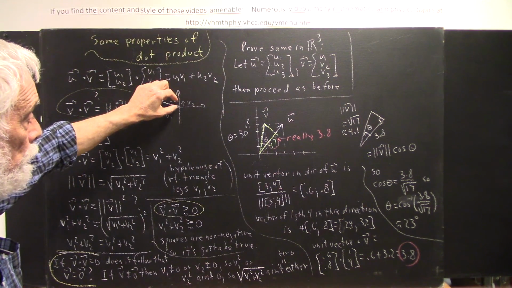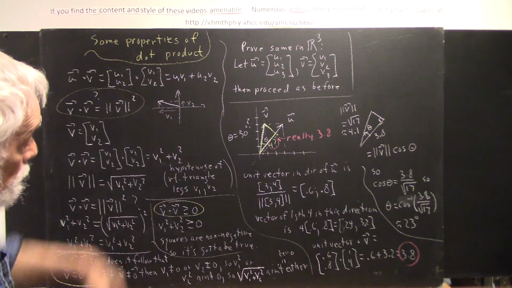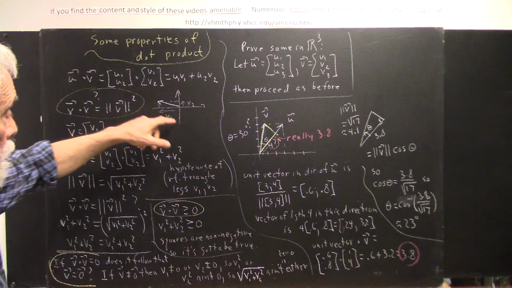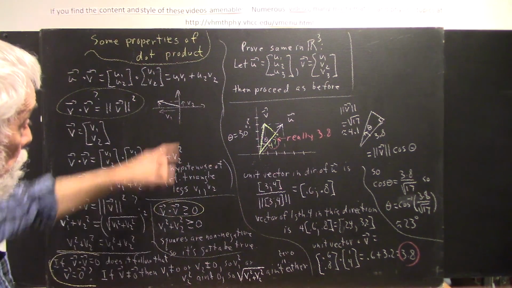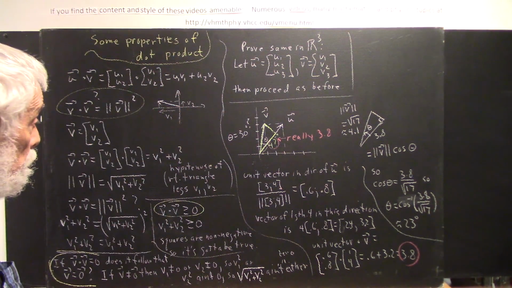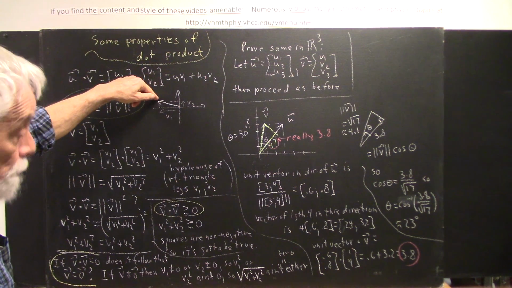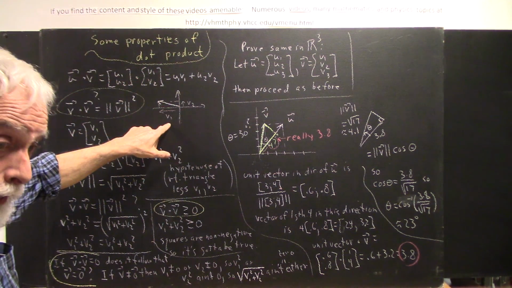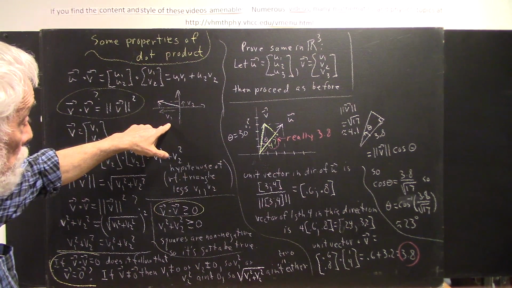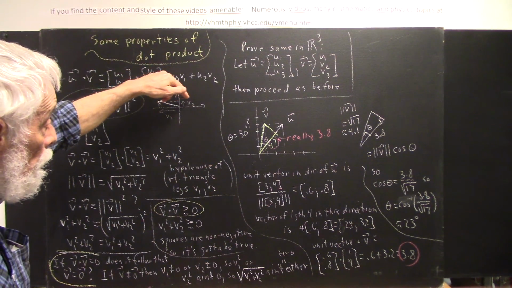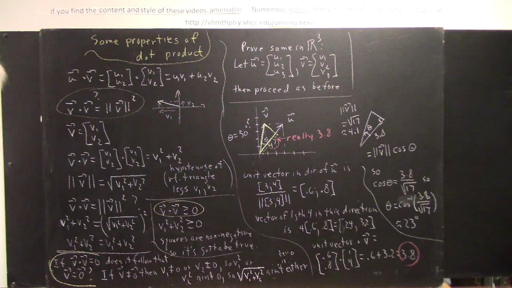And if v2 is the y component, that's how long the y component is. The x component and the y component are perpendicular, so they form the sides of a right triangle, so that we have here the hypotenuse of a right triangle, one of whose sides has a length equal to the magnitude of v1, and the other a length equal to the magnitude of v2.